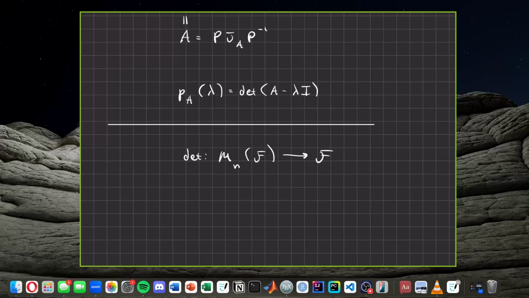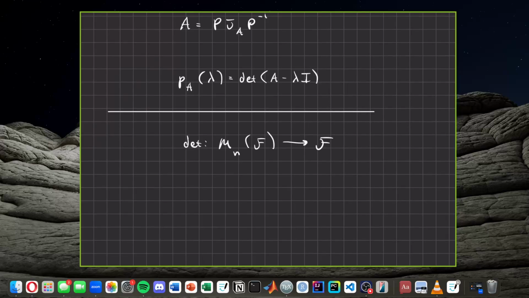A common definition that we use for this is, I believe, Leibniz's definition of the determinant.